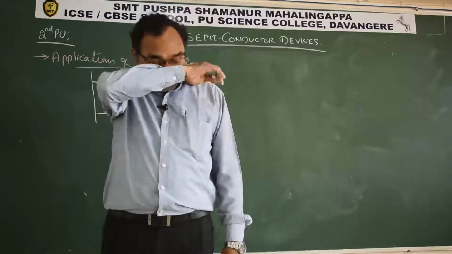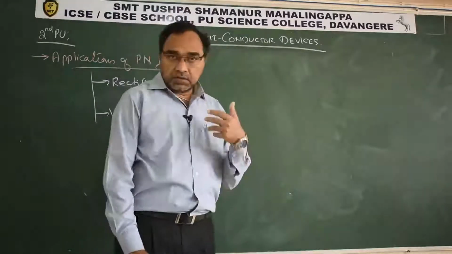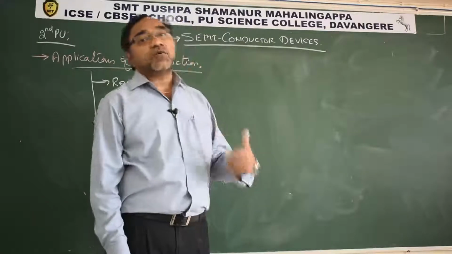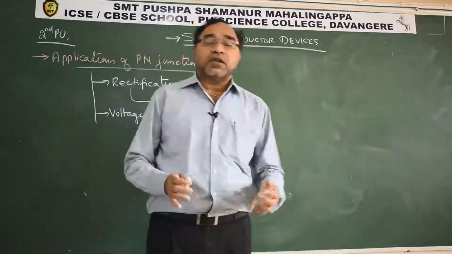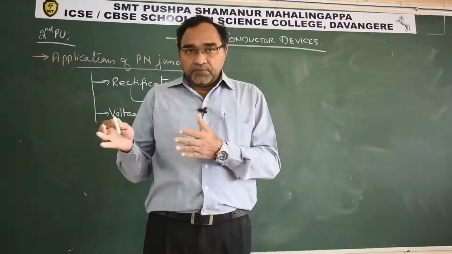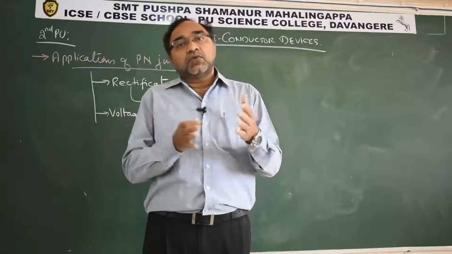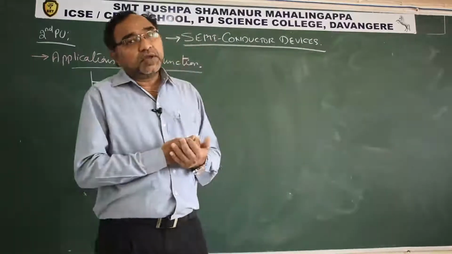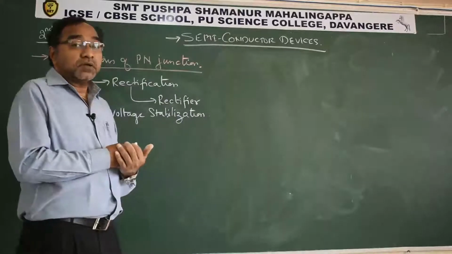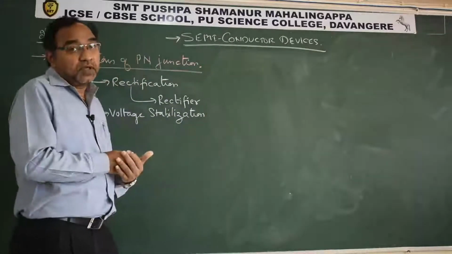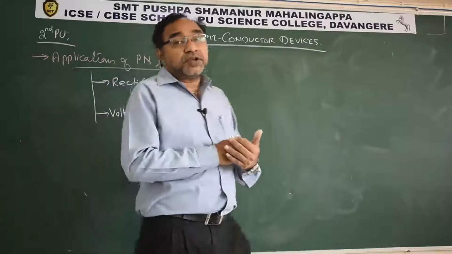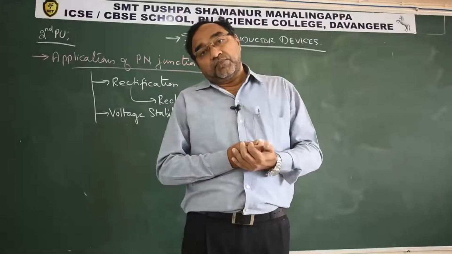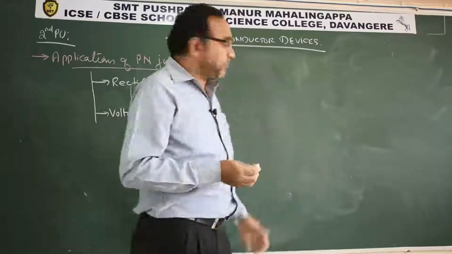They are electrical stabilizers. Today we have electronic voltage stabilizers. That is why nowadays TVs and those devices do not have additional voltage stabilizers. Previously we were attaching a voltage stabilizer externally. Now the voltage stabilization is achieved inbuilt. We are able to achieve it using this particular arrangement.